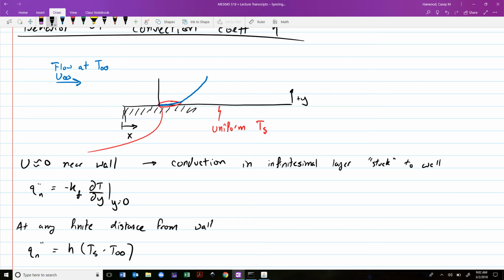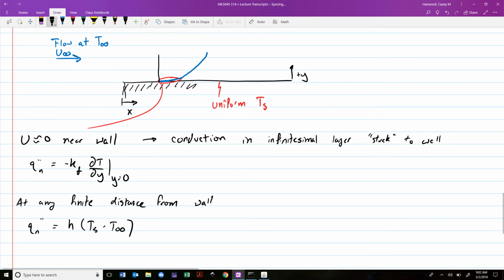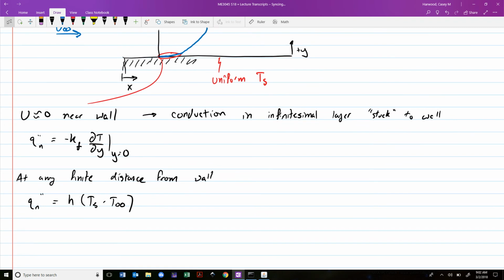So the idea is that thermal energy leaves the solid object via conduction.